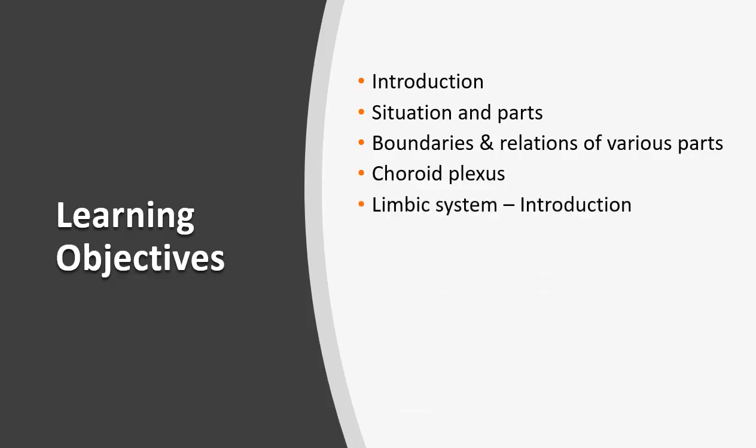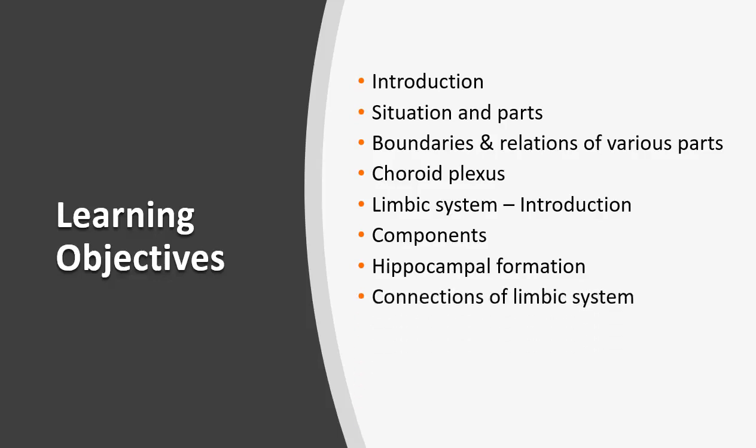Then we will come to the second part of the lecture, the limbic system. A short introduction about the limbic system, followed by the various components of the limbic system, which we are going to discuss in detail, and then what is the hippocampus and hippocampal formation, and the afferent and efferent fibers, which form the connections of the limbic system.